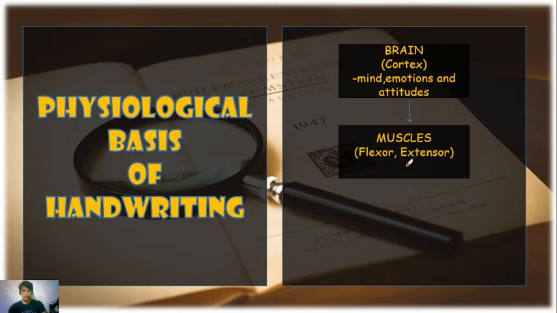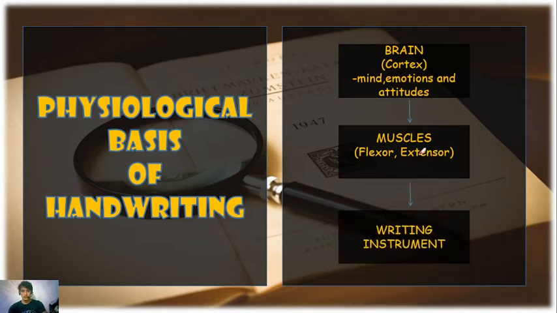So ano nga ba yung flexor and extensor muscles that are involved in handwriting? Take note also that our handwriting is affected by our mind, emotions, and attitudes, the part that controls these, the cortex. That's why yung mga books na binabasa natin that were written by different authors, we are also affected.